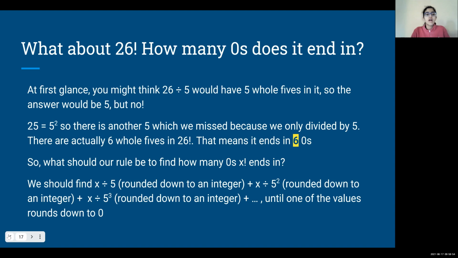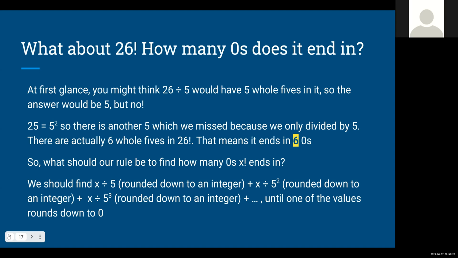We want to do x divided by 5 cubed because we haven't counted that third power of 5 in multiples of 5 cubed. So what he meant to say was we are not repeatedly counting the numbers we have already counted. Does that help clarify?